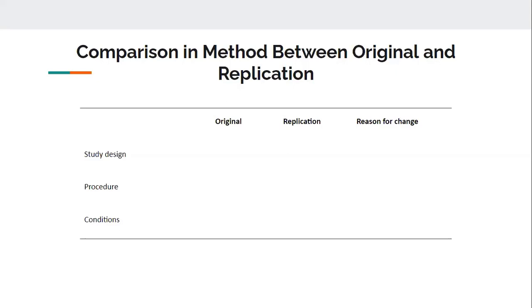Also check if there are procedural differences or specific differences, and information on manipulation in conditions. Importantly, if applicable, just explain the reason for change or deviation from the original.